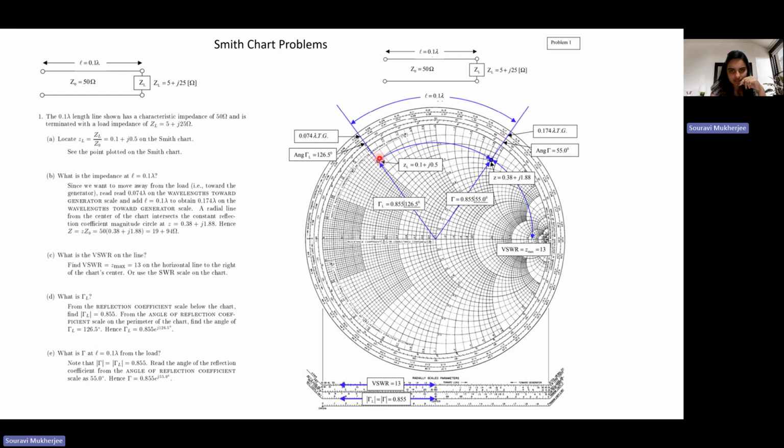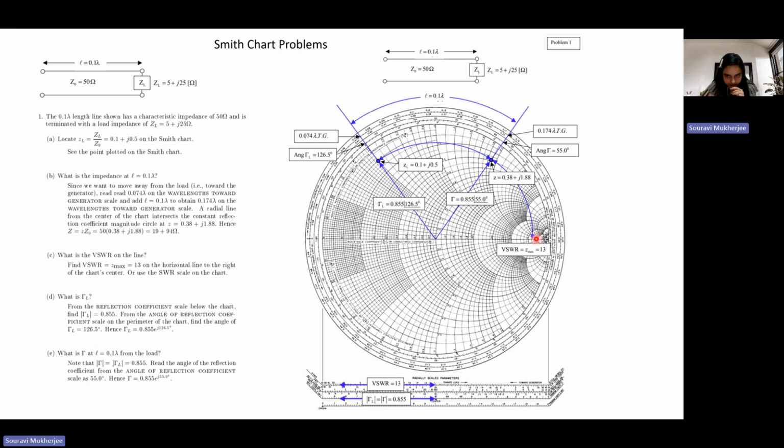And when you are drawing this circle, by keeping this radius constant, you are considering that it's a lossless line, in the sense that your reflection coefficient is constant. As you move along the transmission line, this radius corresponds to the reflection coefficient, so that would remain constant.